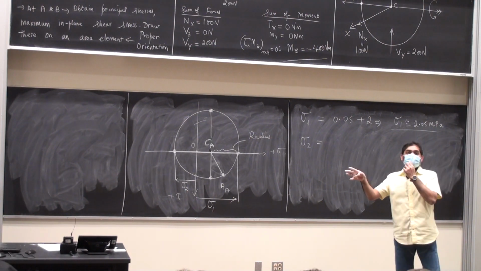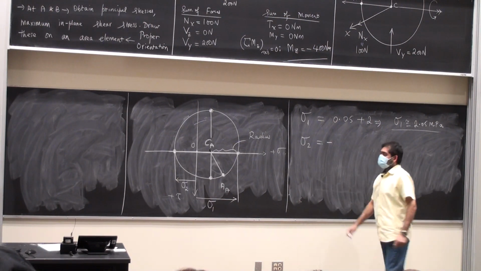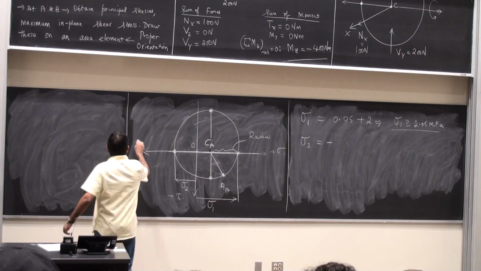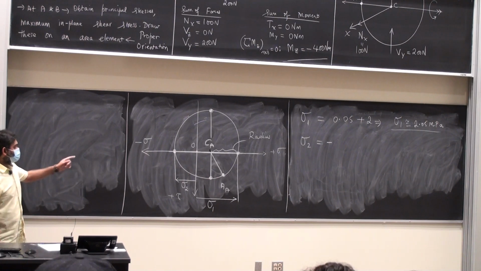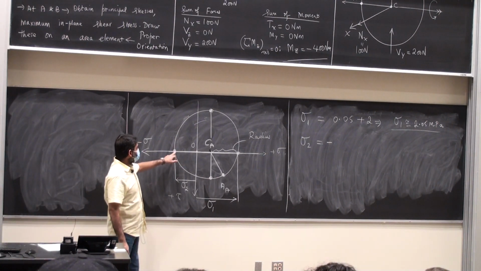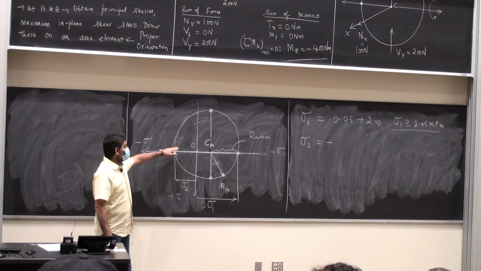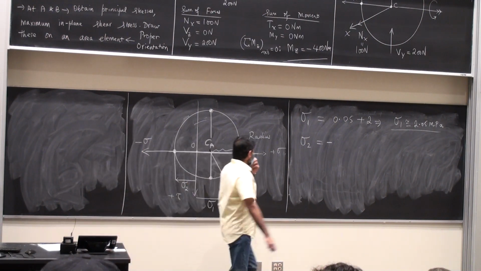It is on the negative sigma axis. So put a negative sign first, right? Because this is a negative sigma axis. Put a negative sign, calculate the distance. It's going to be from here all the way to that point, which is nothing but the radius minus whatever is the distance of point O to point C. That's going to be the radius.